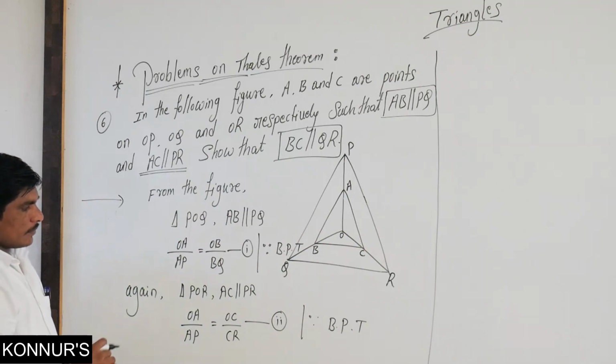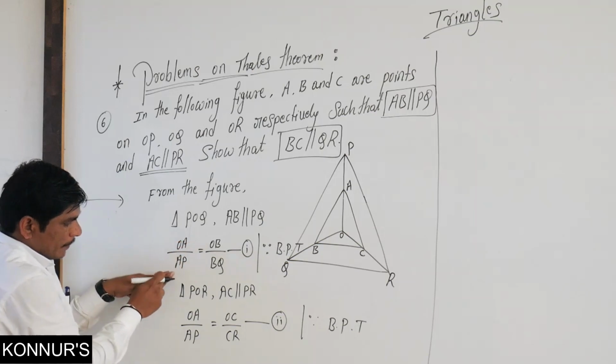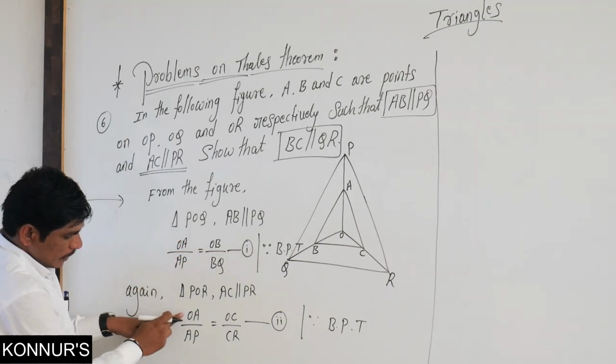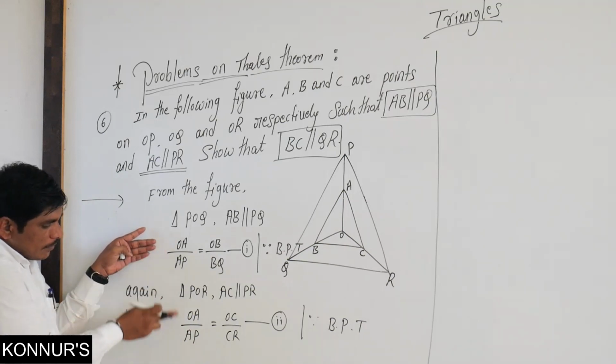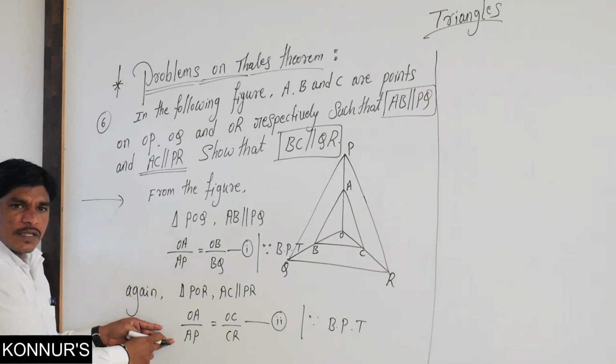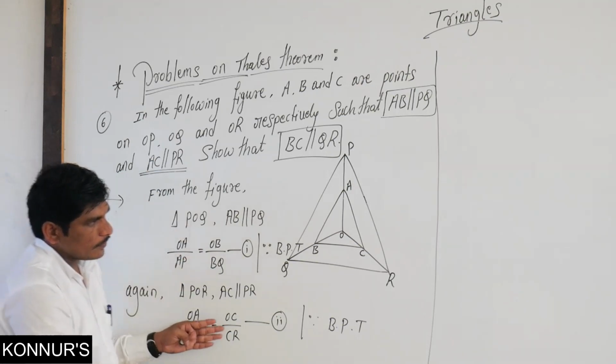Generally, observing these two equations, OA divided by AP, in equation number 1 and 2 the LHS terms are equal. Similarly, the RHS terms are also equal.